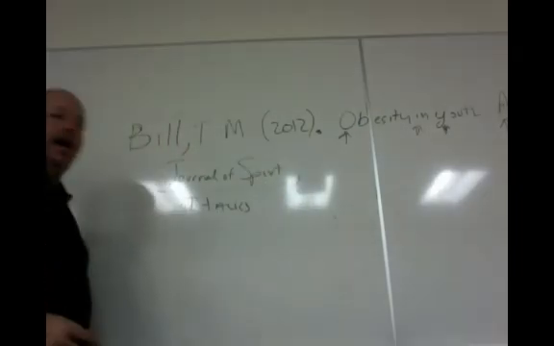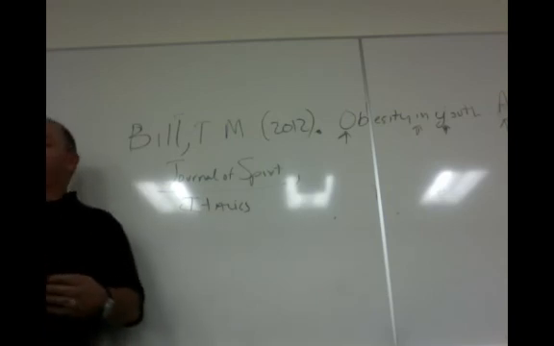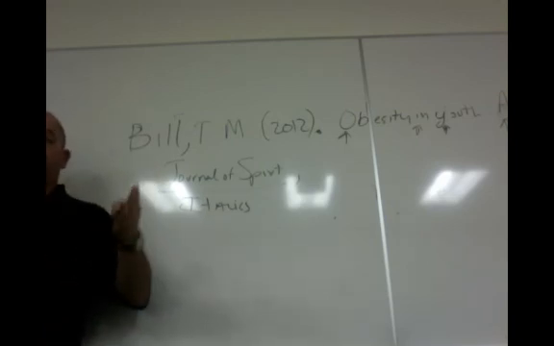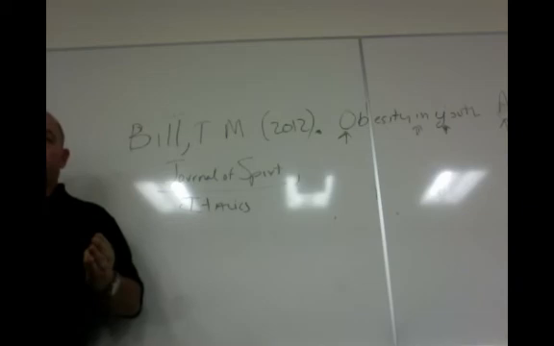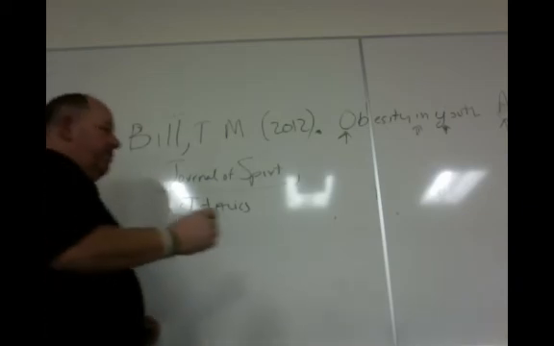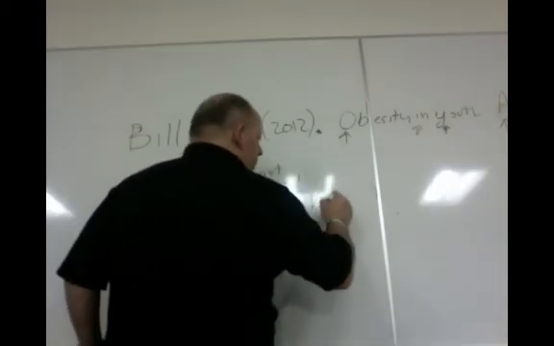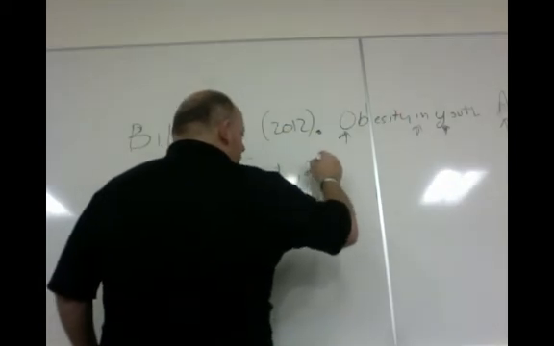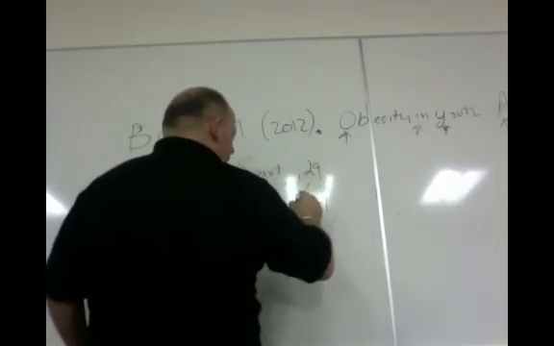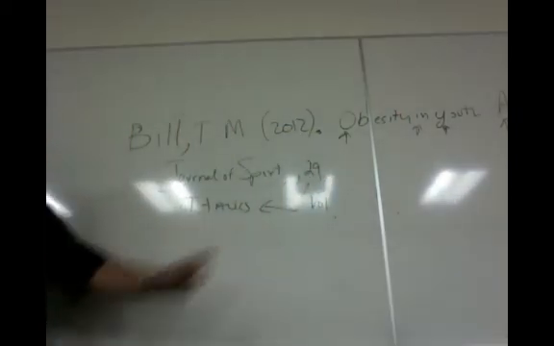Comma. Now, depending on which journal you get, you're going to either get a volume and an issue or just a volume. If it's the volume, let's say it's volume 29. This word is also italicized.